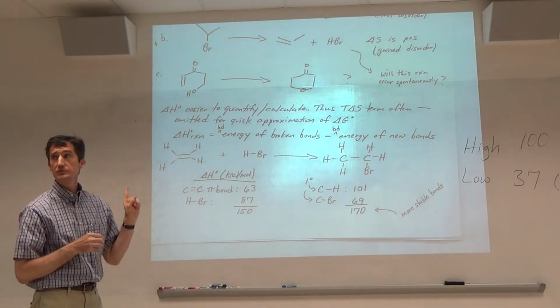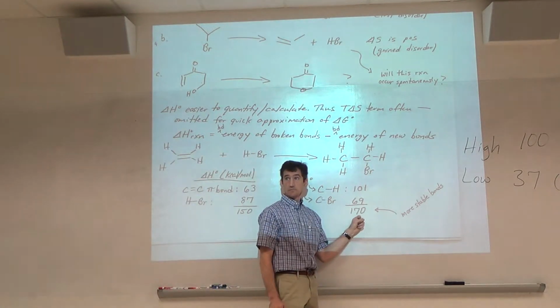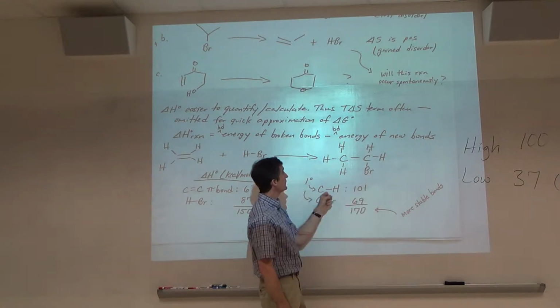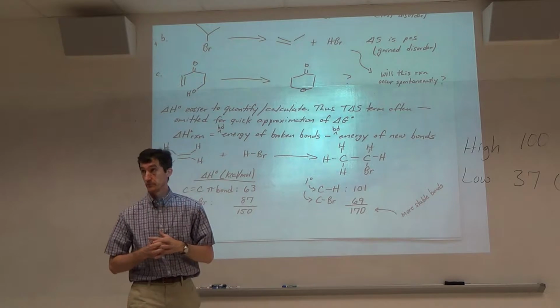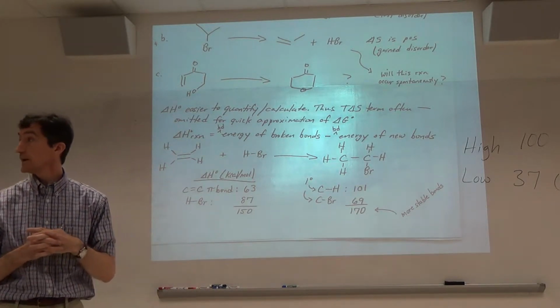These numbers are the bond strengths. The bonds we made are stronger. By how much are they stronger in terms of a number? They're stronger by 20 kcal per mole. Everybody agree they're stronger by 20?